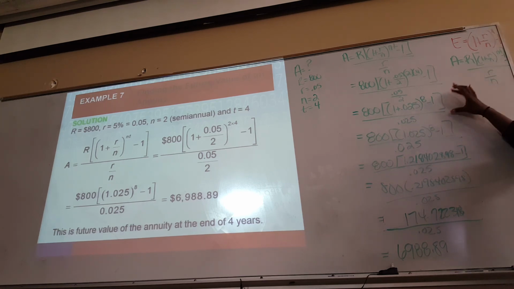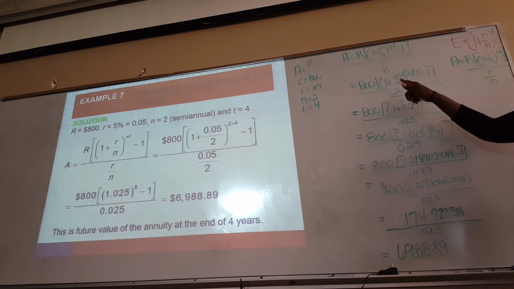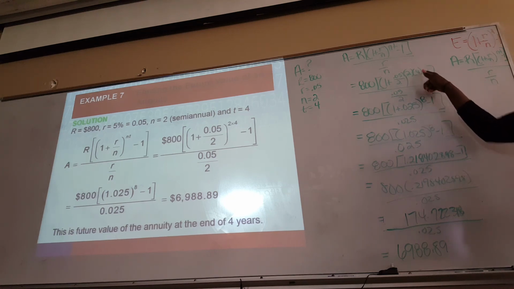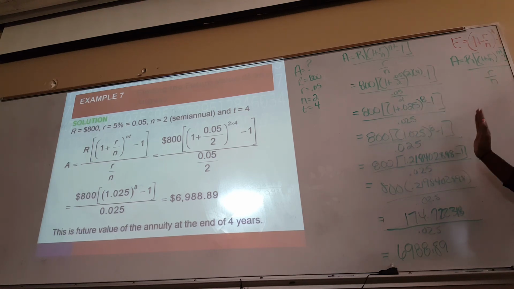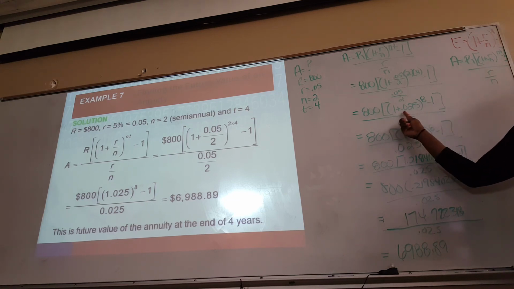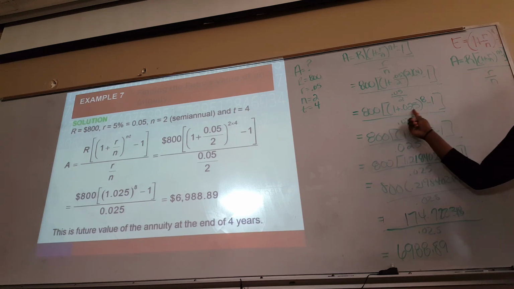In this step, all I did was work my parentheses first and do my division. That's where we got the 0.025 in both spots because they're the same thing. Multiply 2 times 4, which is 8. Next, we added 1 plus 0.025, order of operations, still working on the inside of those parentheses.